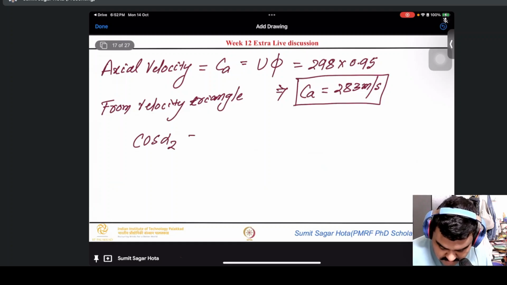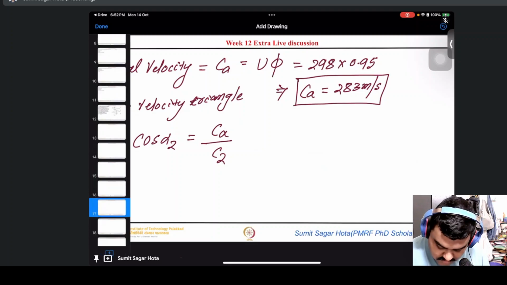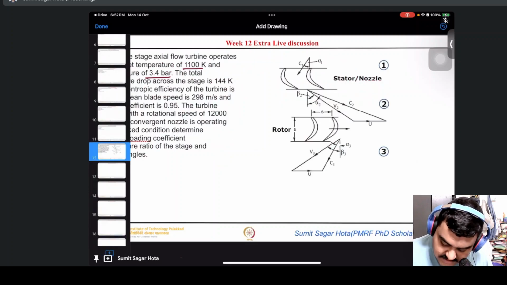Cos alpha 2 is equal to CA by C2. If you see here alpha 2, cos alpha 2 is equal to your axial velocity divided by C2. C2 is your diagonal.